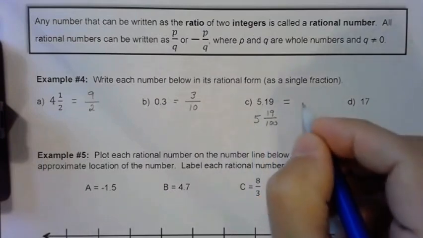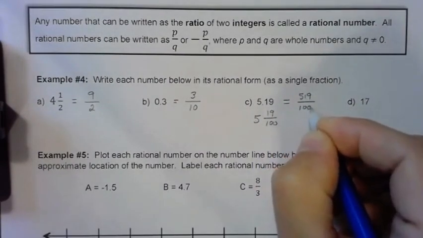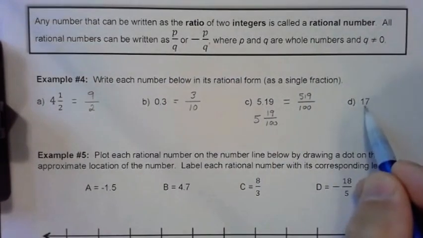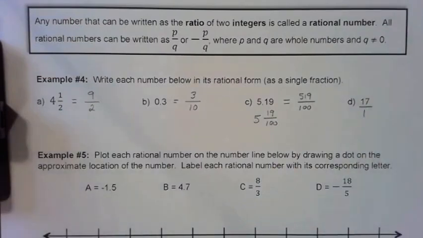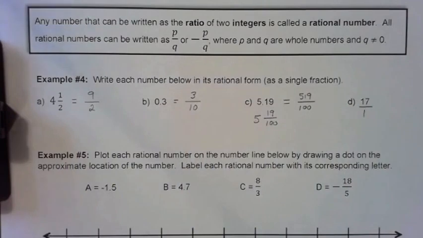Add the numerator of 19 to make a new numerator of 519 over 100. And then in letter D, 17, any whole number you can make a fraction simply by putting it over 1. If you can turn a number into a fraction, then it must be a rational number.